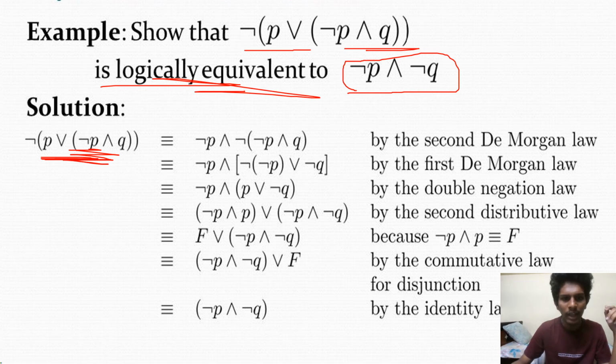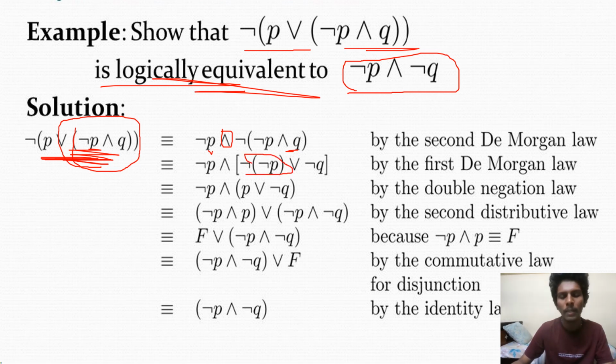So negation P and, for this, we have to apply De Morgan's law. For negation P, and here OR is changed into AND, then negation of negation P and Q. Then in the next step, negation P and negation of negation P.